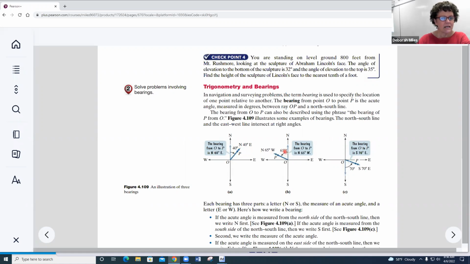Part B is 65 degrees west, because that's to the left of north, and we write that north 65 degrees west. The third one is 70 degrees east, because it's to the right of south, and we write that south 70 degrees east. But you actually read it 70 degrees east of south. I don't know why the east is not written first.